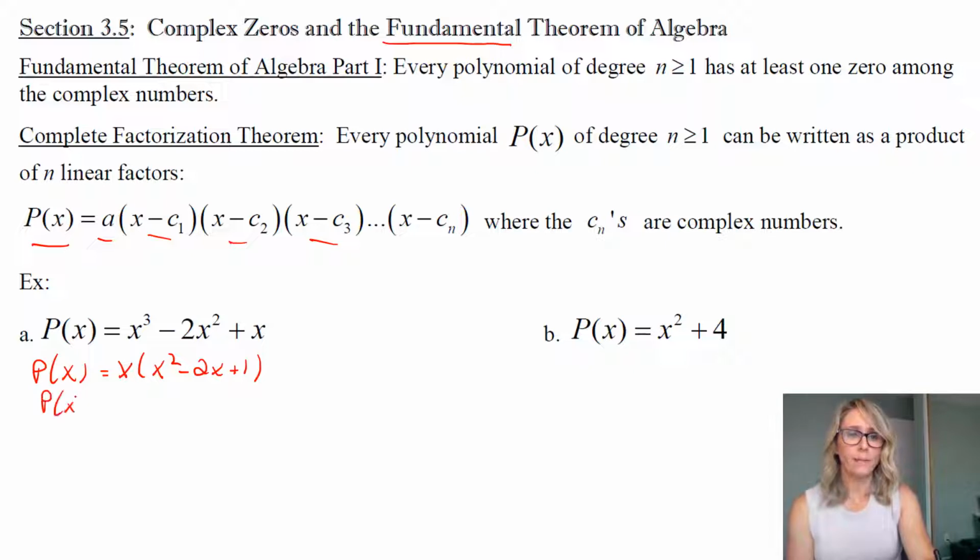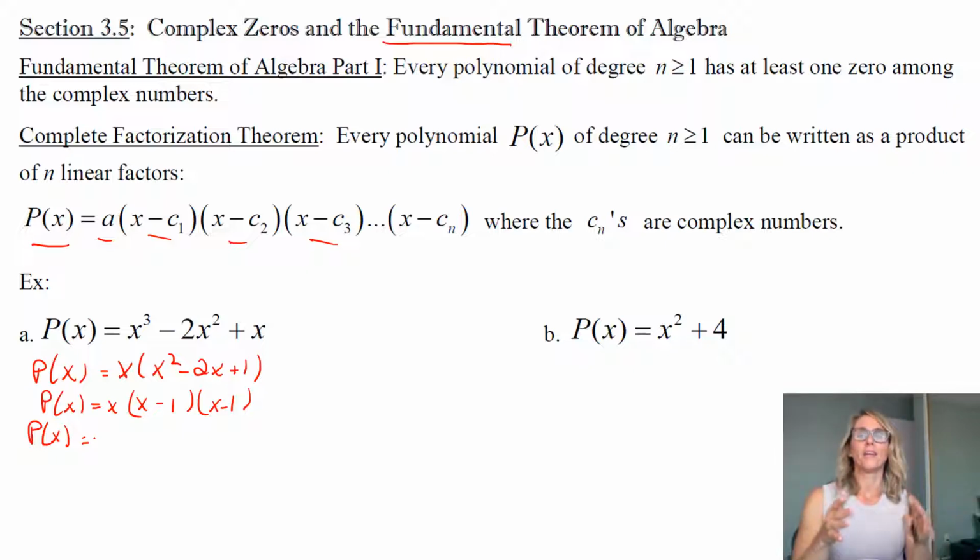We see that we've got x squared minus 2x plus 1. Notice that we'd have to have minus, minus. There's only one factor of 1. So here is the product of linear factors: x times x minus 1 times x minus 1.